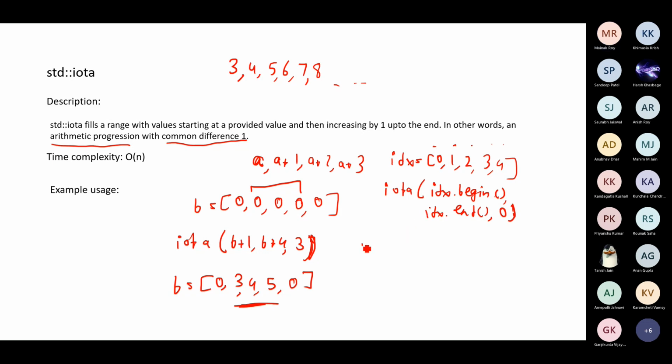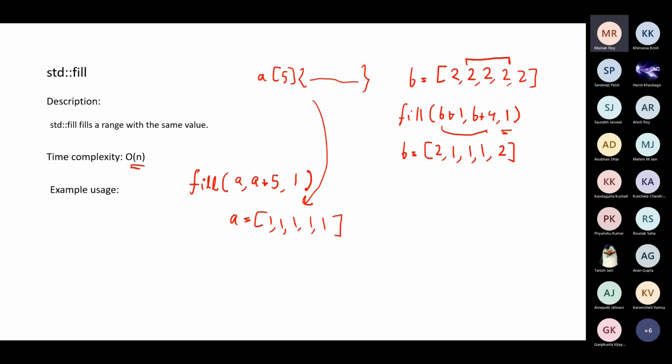I think the syntax is pretty obvious: iota iterator 1, iterator 2, and then a, which is the first term of your AP. By the way, here also fill is iterator 1, iterator 2, and then whatever value you want to fill it up with, say x.